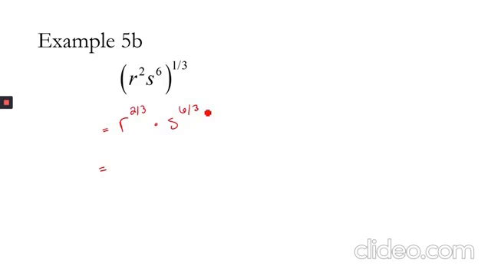Now s, you'll notice that 6 over 3 is just equal to 2. So this is s squared. And then this r, we're going to change to be a radical. Now, it's the same value, but it's just a little bit nicer way to write this problem. Example 5C, we will actually do that one together another time.